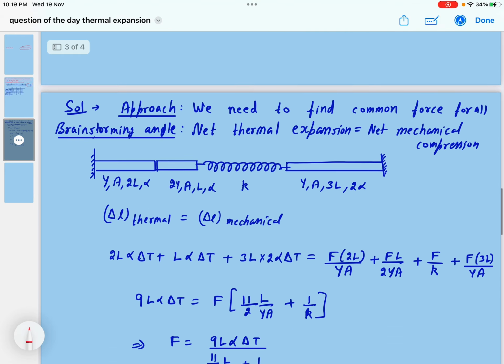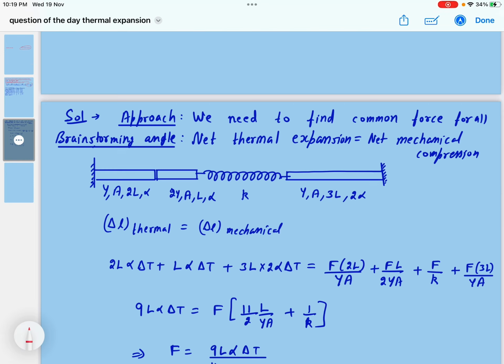And the brainstorming angle, or the crux point, is that whatever is the expansion in the system thermally has to be nullified by mechanical compression. So net thermal expansion should be equal to net mechanical compression. That is the very crucial point of this question.